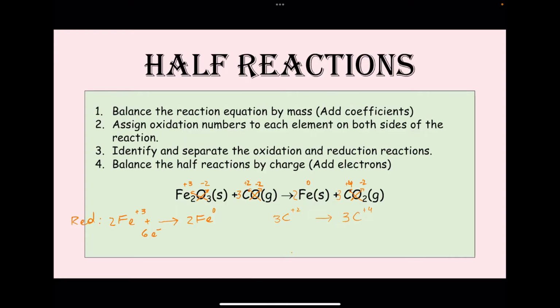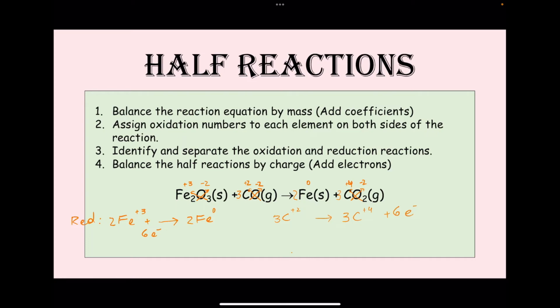That means carbon is losing electrons. So we are going to write those electrons on the product side. But then how many? One carbon atom seems to be losing 2 electrons, and because we have 3 carbon atoms in total, 2 times 3, that's going to be 6 electrons that are lost.